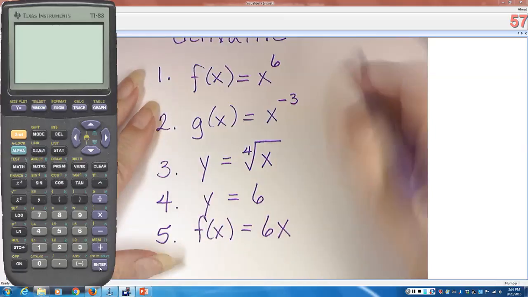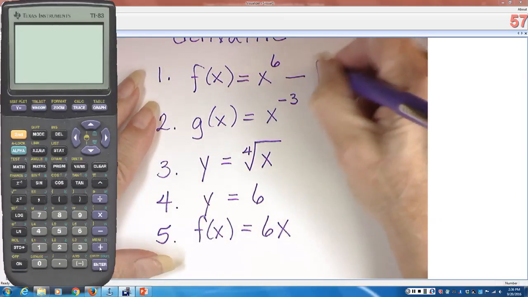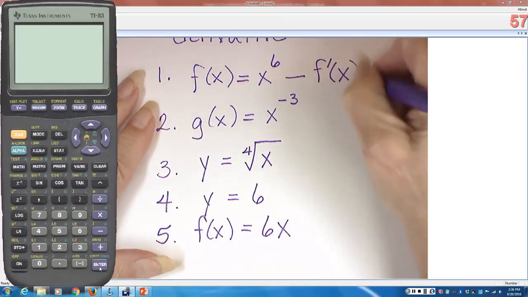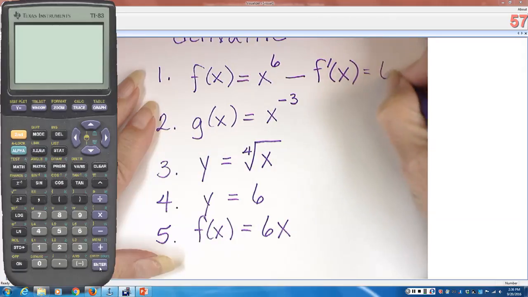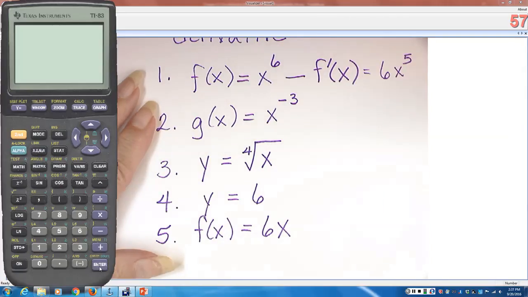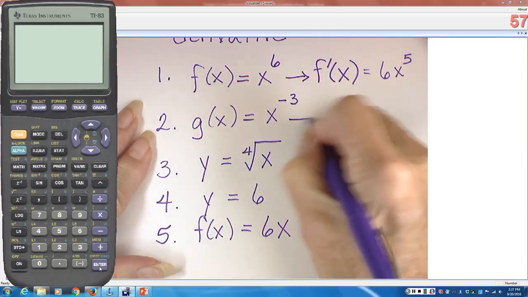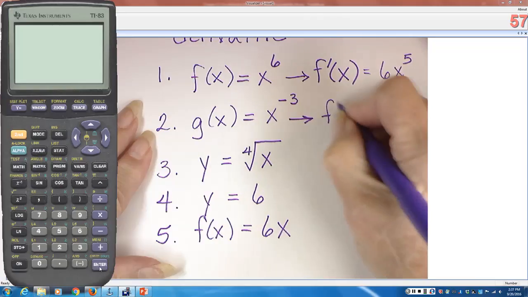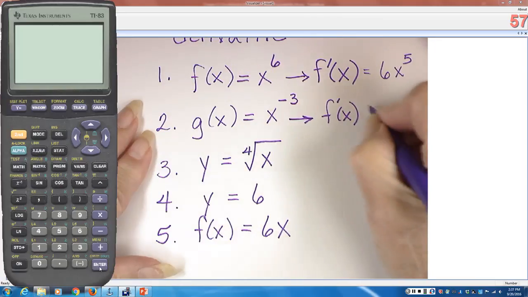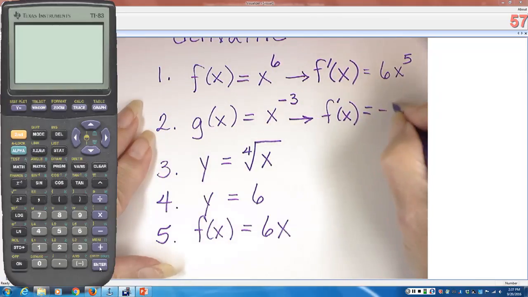Find the derivative. Drop the power, decrease the power. Drop the power, decrease the power.